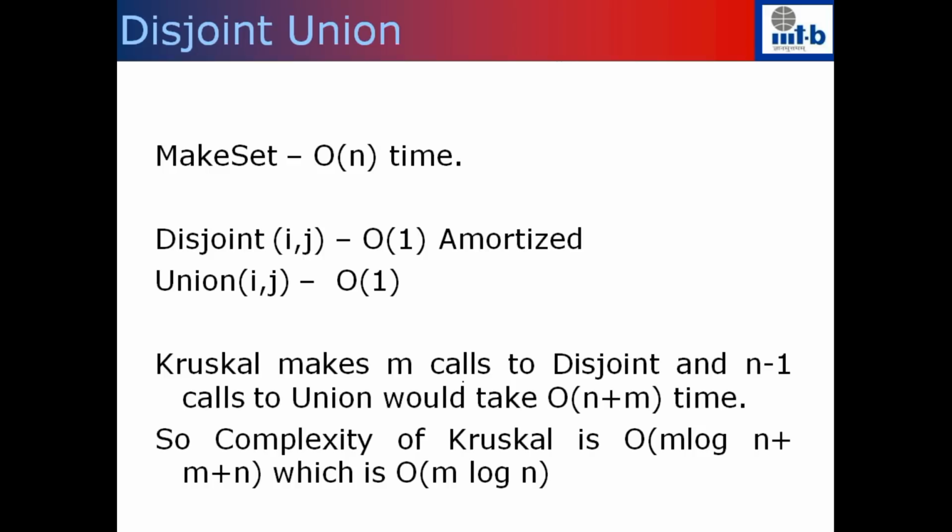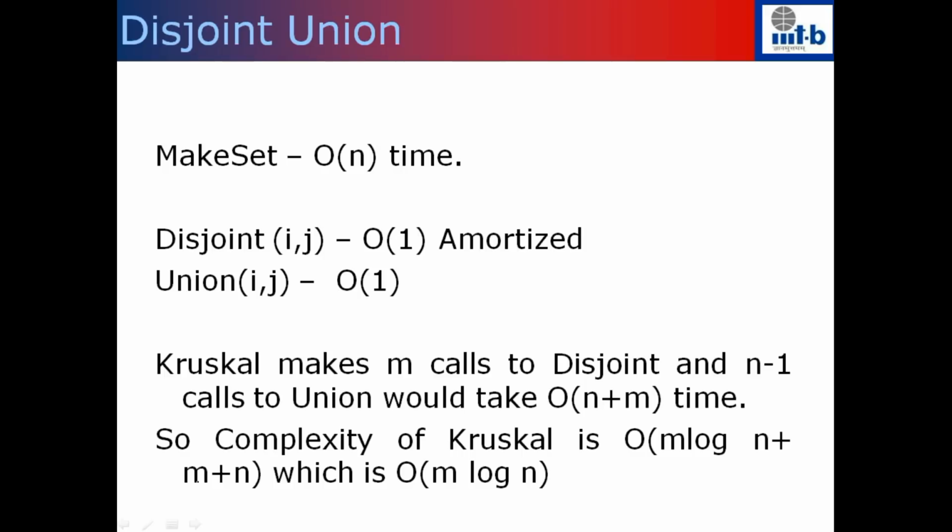So the total complexity of Kruskal, if you implement it this way, will be order m into log of n plus m plus n for the second part. M into log of n is for sorting, but deciding whether an edge goes across connected components, and if it does, adding it into the MST, doing all this will take only m plus n time using the path compression disjoint union data structure.